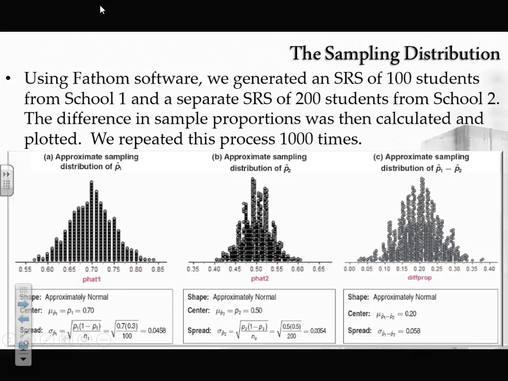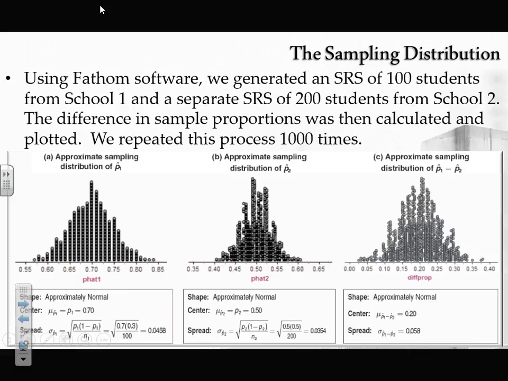So what you're looking at here is computer software output. They actually ran the simulation. In school 1, they took samples of 100 over and over and over again, and they calculated the sample proportions and recorded that. So these dots are representing an individual sample proportion.